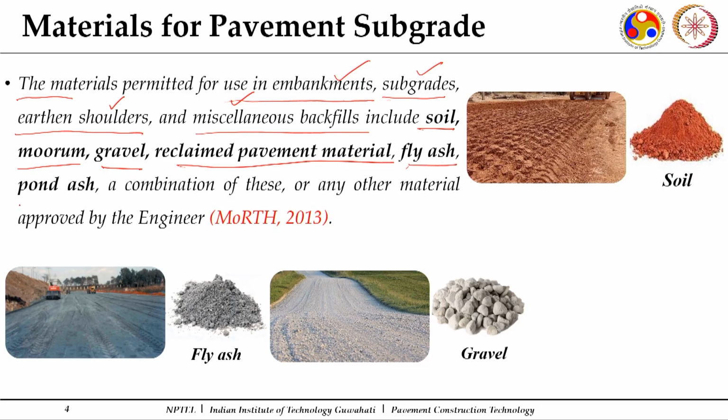Fly ash, industrial waste, pond ash, or a combination of these can also be used. Reclaimed material, when you reuse it with some modification, or a combination of fly ash can be there along with your natural soil. So these are the materials which are recommended for use.